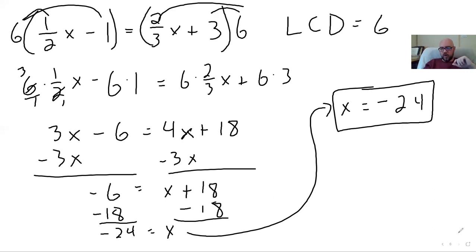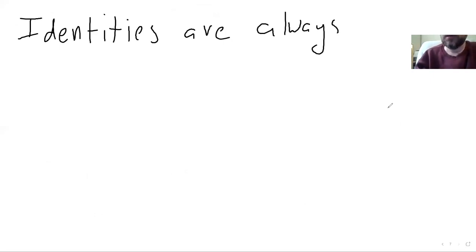Now, there are two other kinds of equations that we haven't talked about yet, which are identities and contradictions. So identities are always true, regardless of the variable.